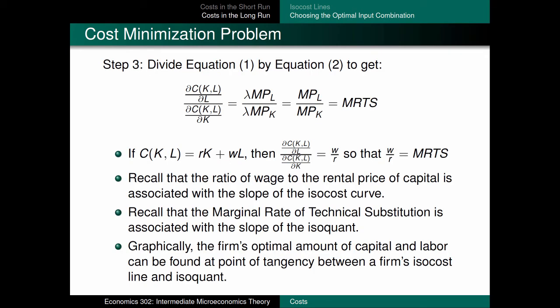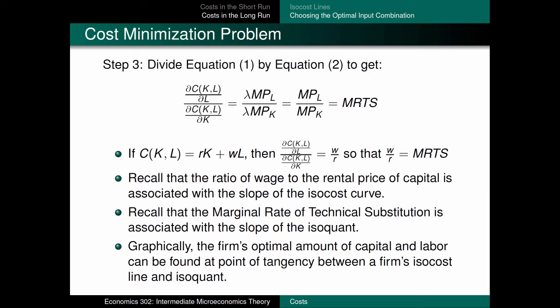This slide proves that the optimal amount of capital, K star, and the optimal amount of labor, L star, occurs when the slope of the isocost line, which is the wage of workers divided by the rental rate of capital, is equal to the slope of the isoquant, which is called the marginal rate of technical substitution.